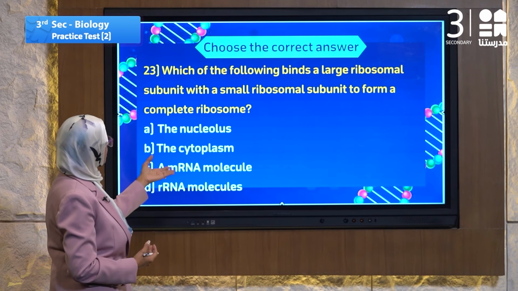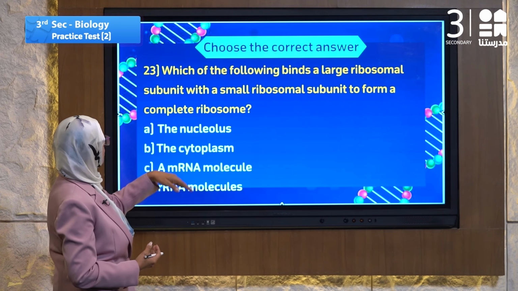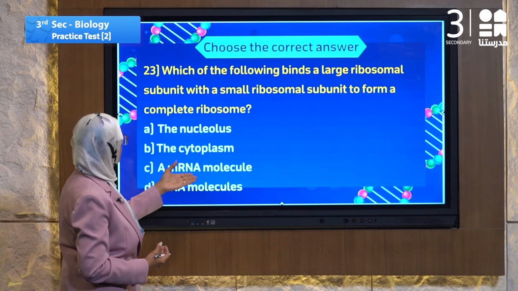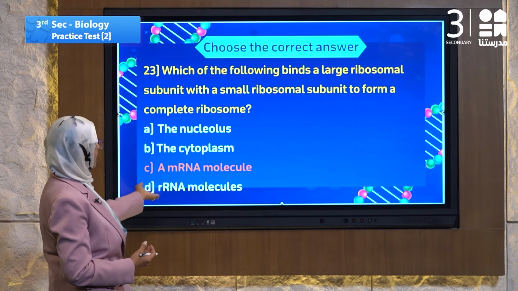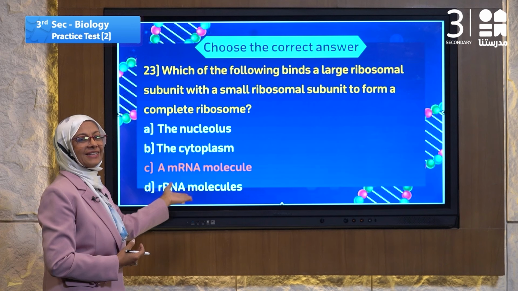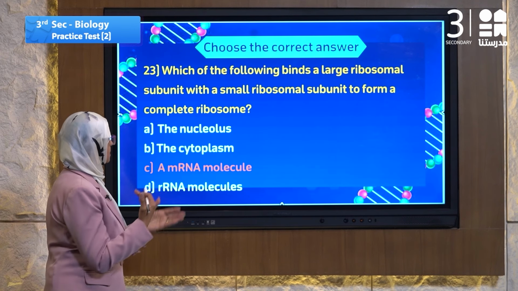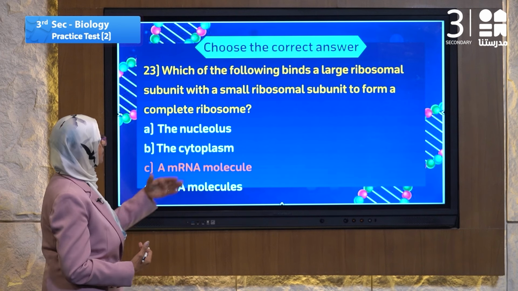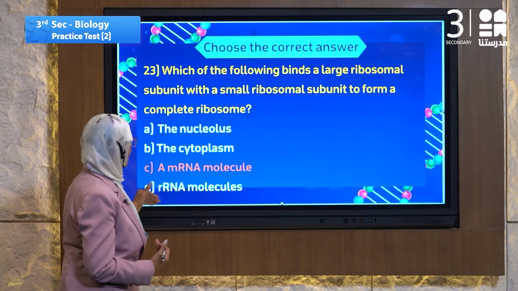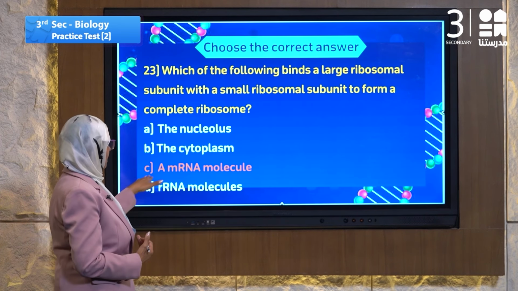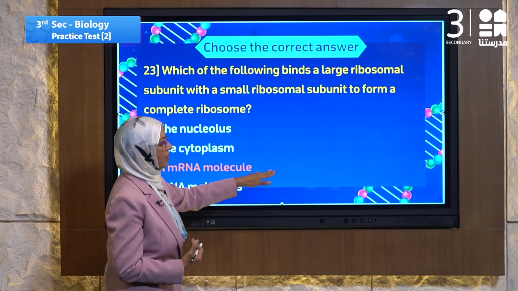Which of them binds a large and small subunit? It must be messenger RNA. Between the large unit and the small unit is a messenger molecule of RNA.